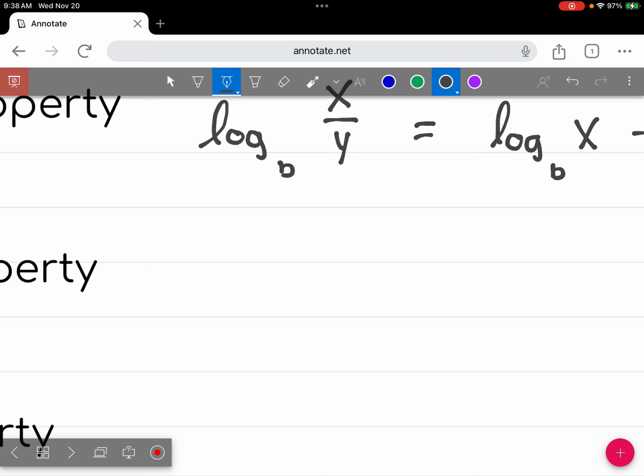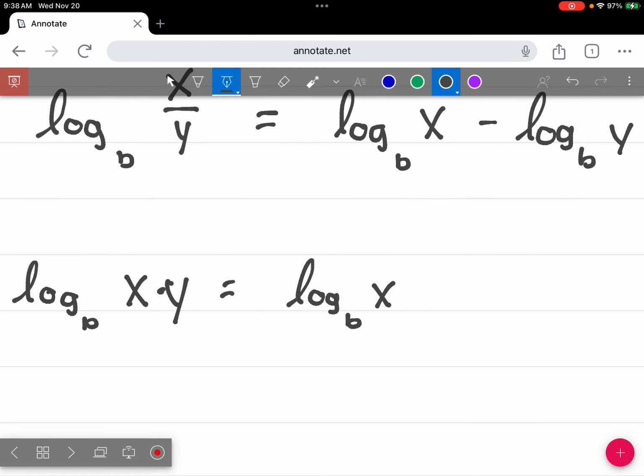Our product property, our log base b of some product, x times y. If division becomes subtraction, what do we think multiplication might become? Addition. Log base b of x plus log base b of y.